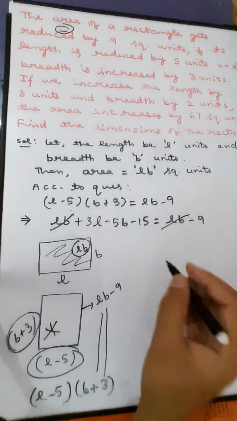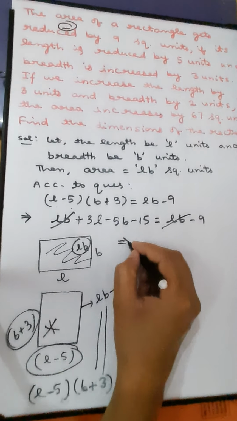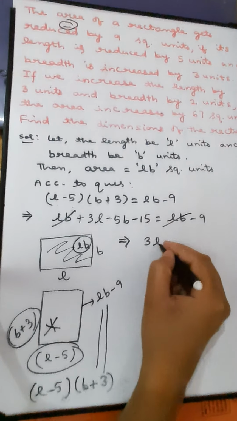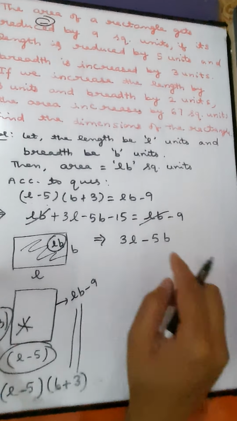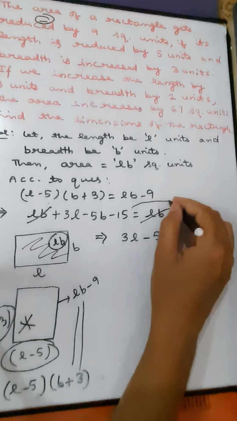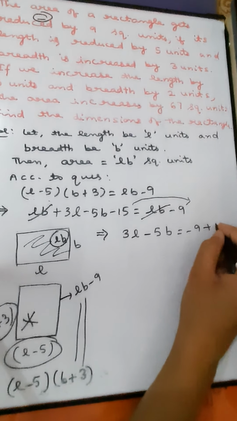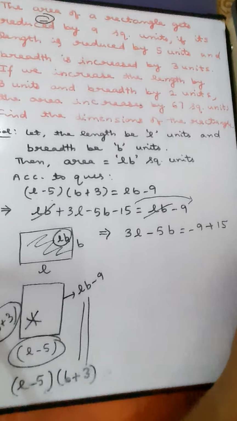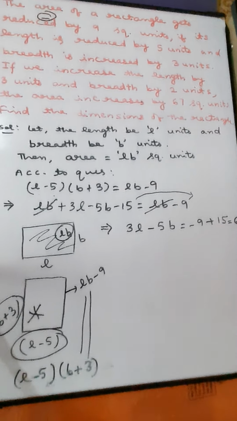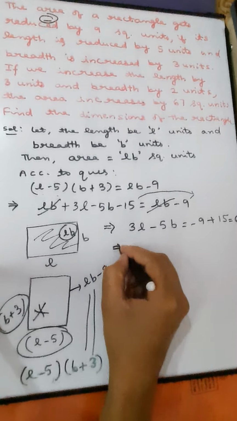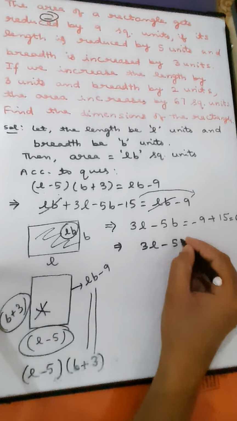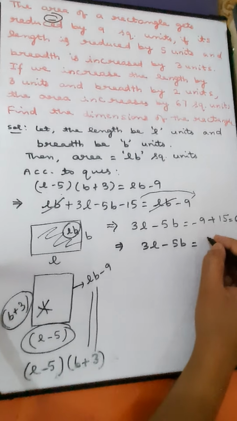LB and LB will cancel from both the sides. So we shall get 3L minus 5B minus 15, we take it that side, minus 9 plus 15, which is 6. Okay? So we get our first equation as 3L minus 5B is equal to 6.